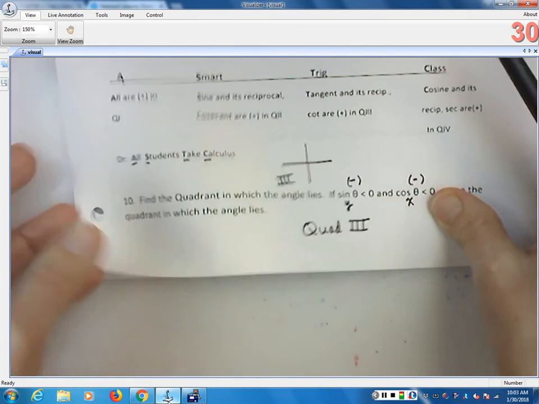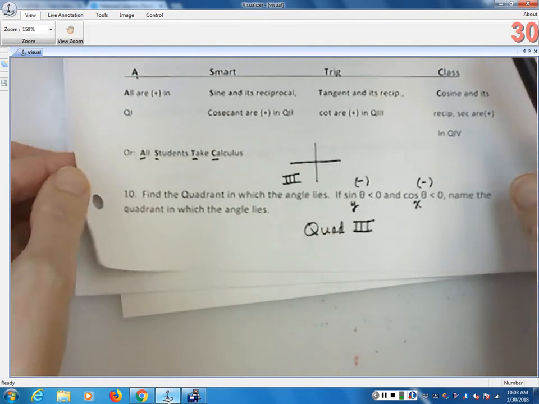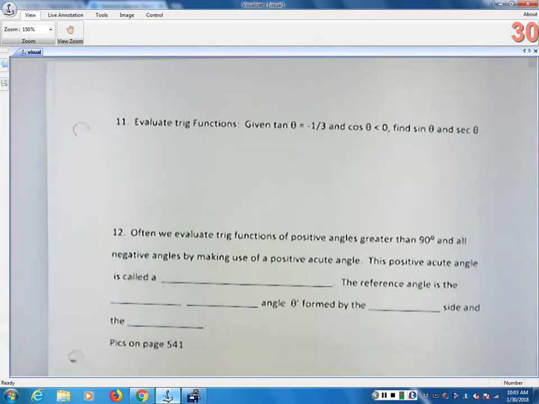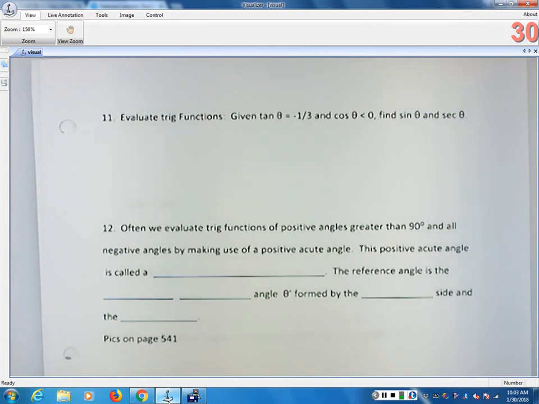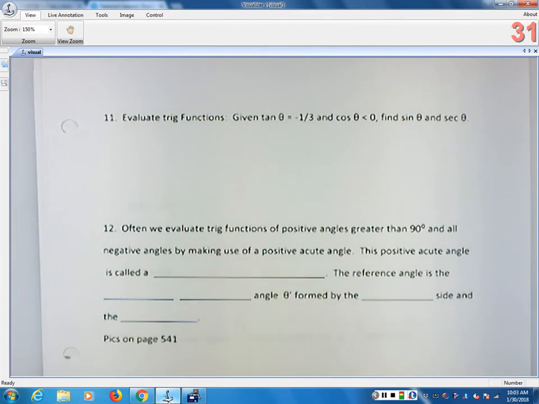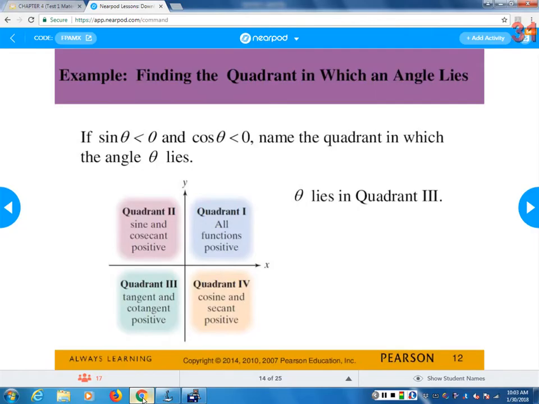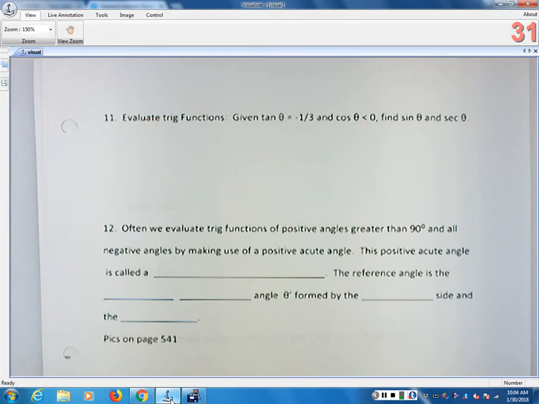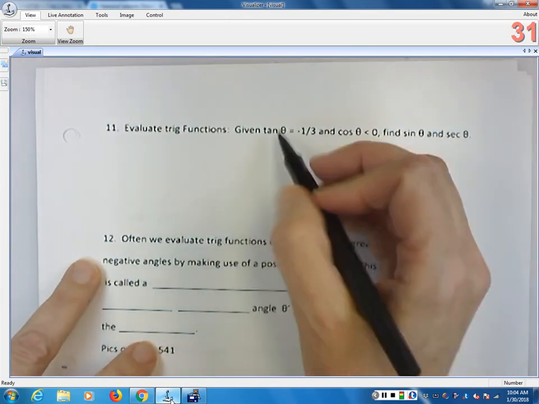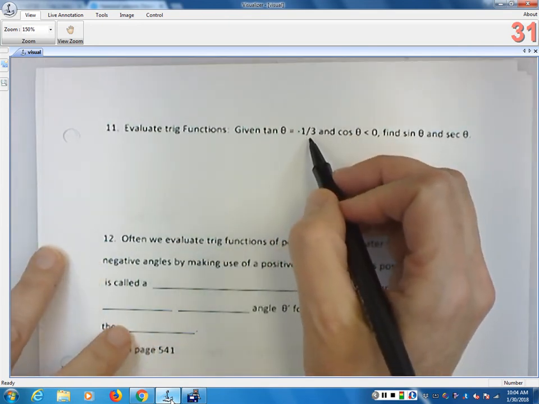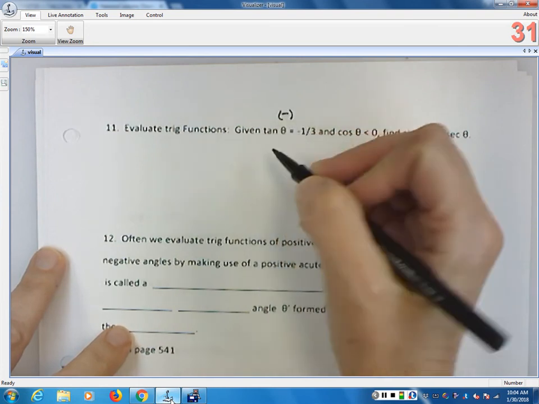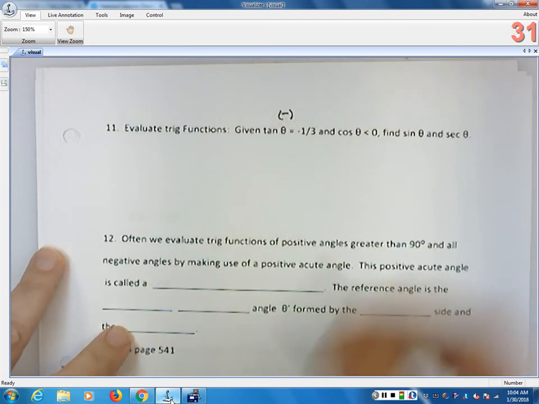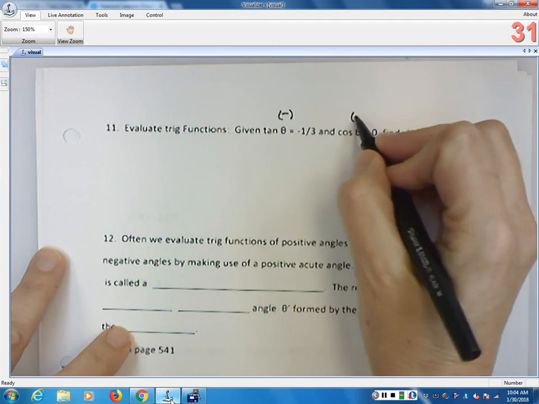Alright, so we're going to evaluate some trig functions. So, the next example, I guess, we'll show the slide. Okay, so given tangent theta is minus 1/3, that means tangent is negative. And cosine is less than 0, that means cosine is negative.